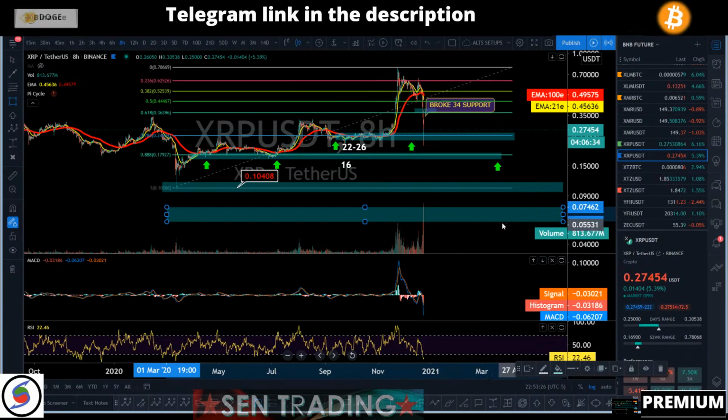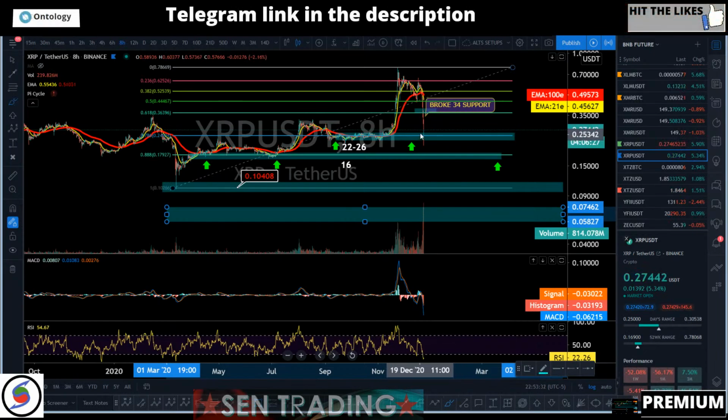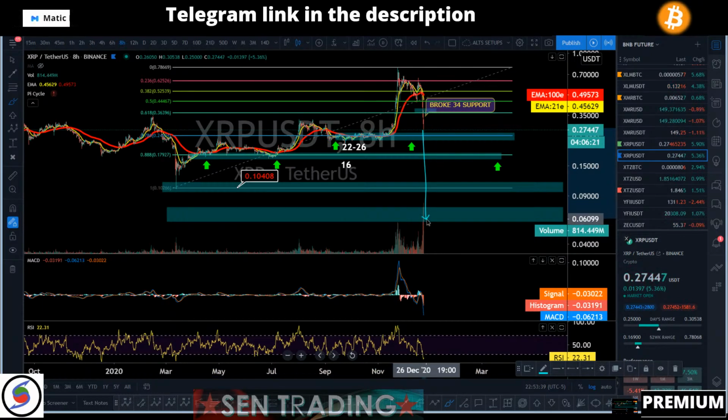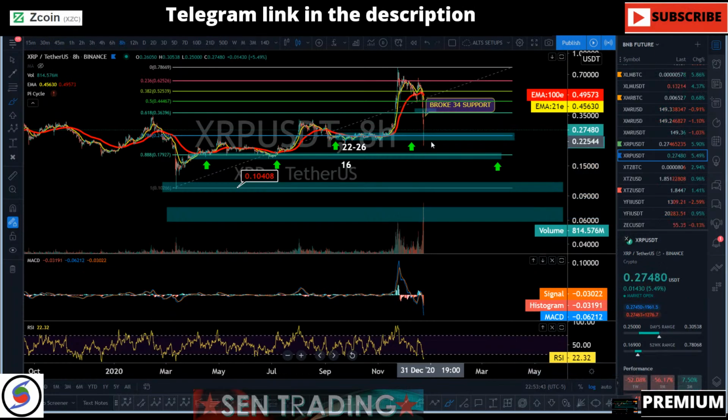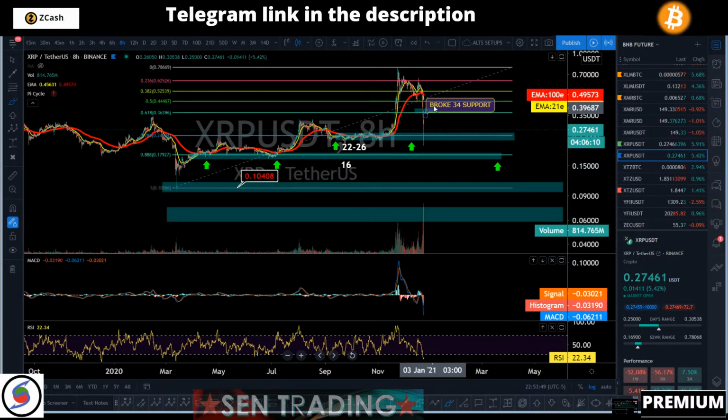Those are like lifetime buy orders right there. All these targets can get hit. I don't think it's going to happen in one go, like tomorrow we drop all the way down to 6 cents. I'm not going to wake up tomorrow expecting XRP at 6 cents, even though it is a macro picture.